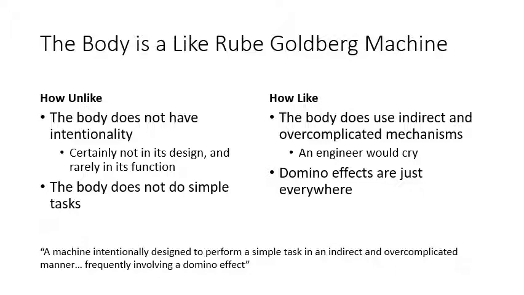The body doesn't do simple tasks like that. It does really complicated tasks, like digesting food, which is really complicated, or looking at the world and seeing what's there. Or having thoughts. Those things are all really complicated. Filtering the blood to get toxins out of it. Very complicated.